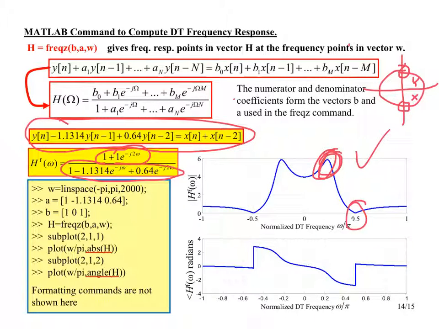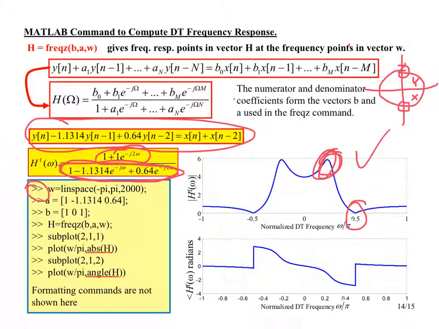So I know we haven't really gotten much into MATLAB, but it's pretty easy to just fire up your MATLAB. You'll get one of these little double greater than signs as your prompt, and you can go through these commands and literally compute this. Then try reselecting these coefficients here to give you a pole that is the same angle but farther from the unit circle, closer to the origin, and then see what that does for you.